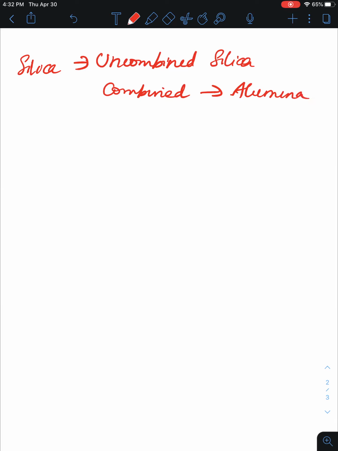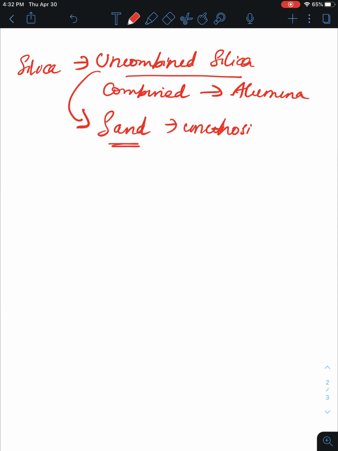Otherwise it will be uncombined, which is more like sand. If sand is present more in brick, what will happen? Sand does not have cohesion. Uncohesion is the word.